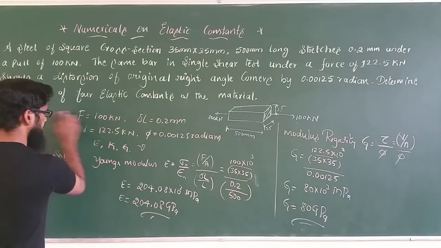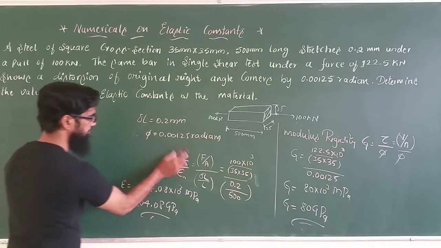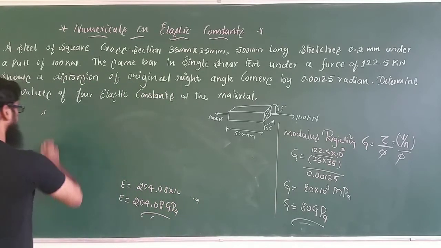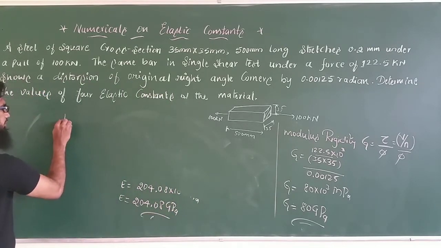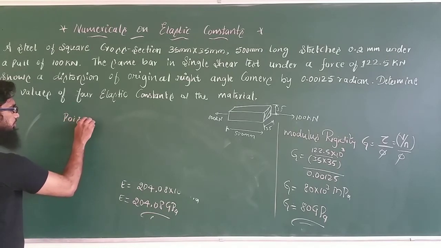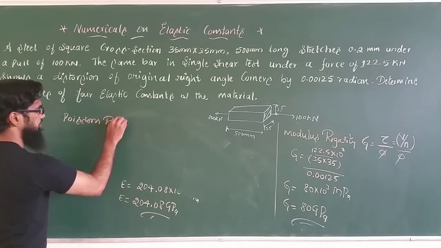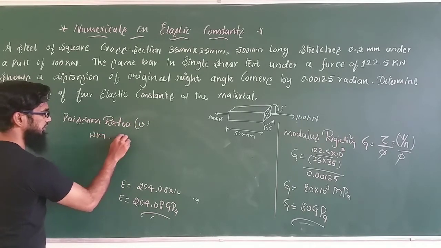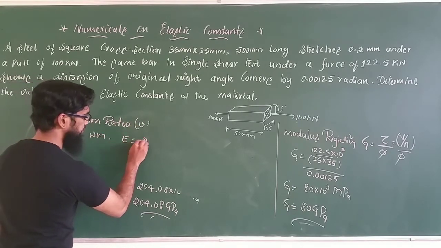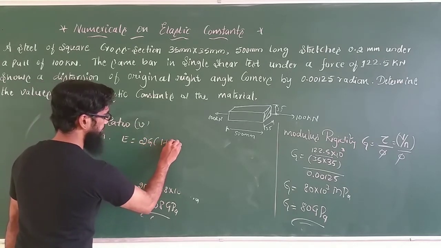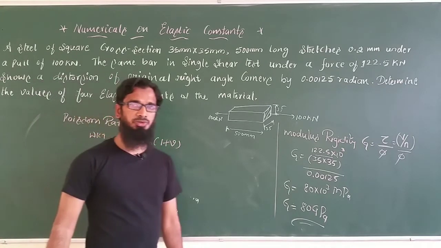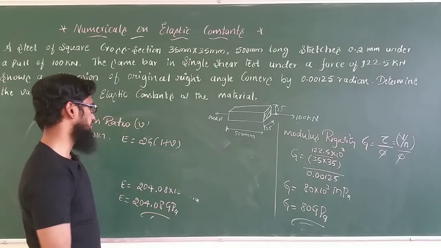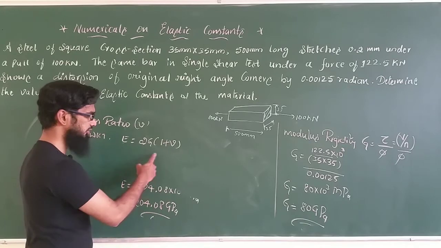To find these, there are some relations we have to remember. First we will find the Poisson's ratio nu. We know that E is equal to 2G into 1 plus nu. That is the relation between the Young's modulus E and the modulus of rigidity G. E we have calculated, G we have also calculated.